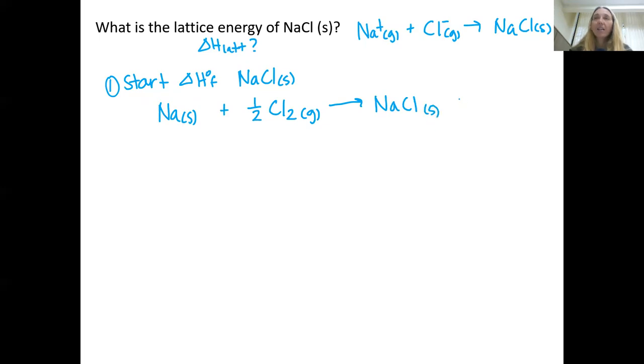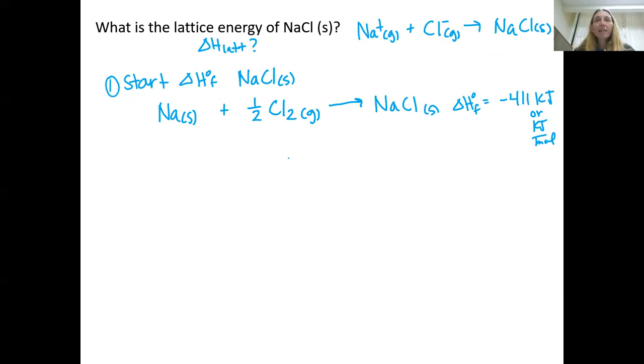And the delta H of formation of this process is negative 411 kilojoules, or kilojoules per mole. I'm just going to write kilojoules because it's smaller.